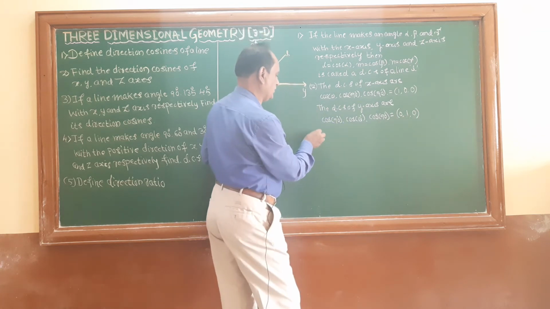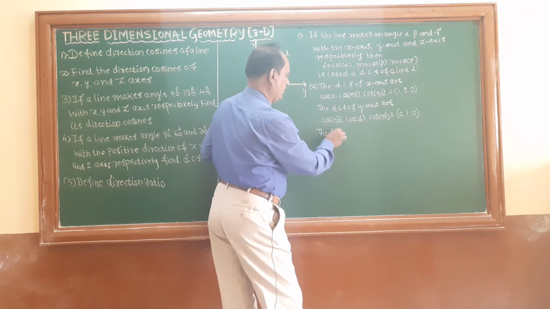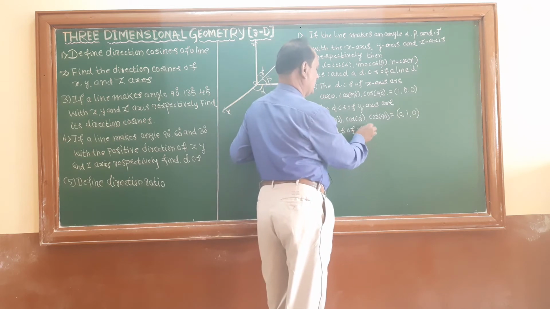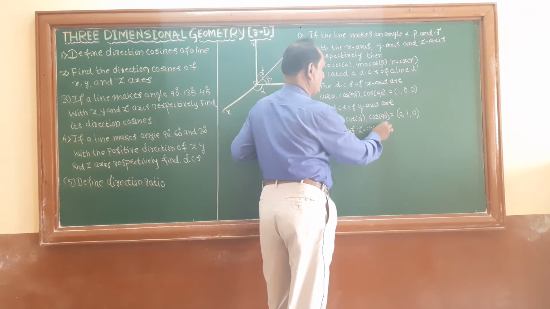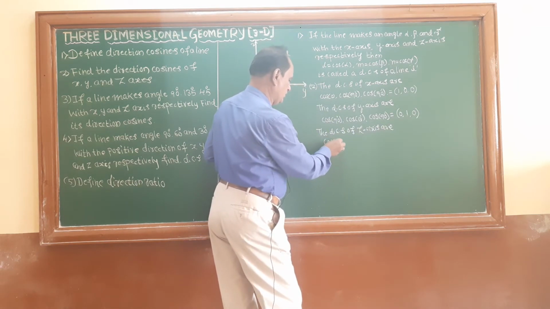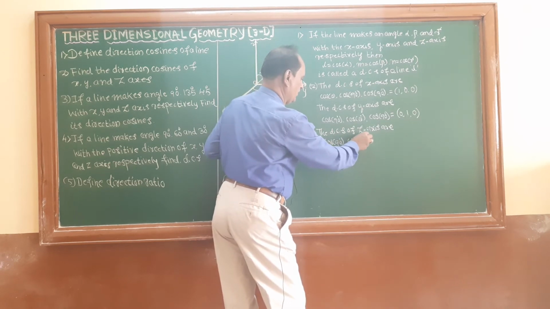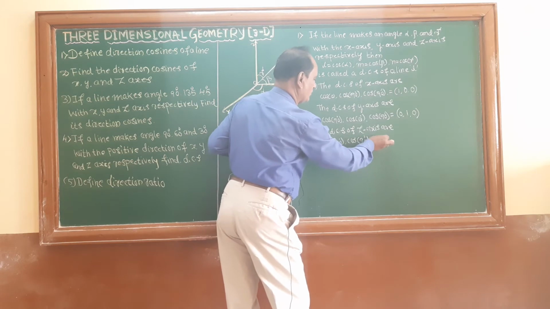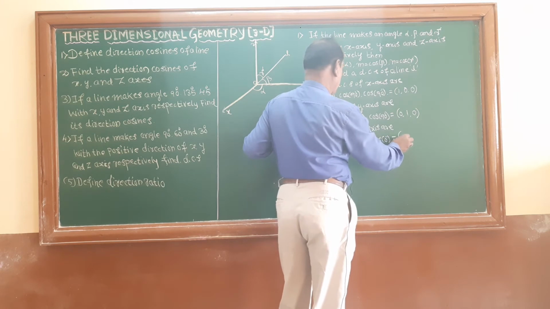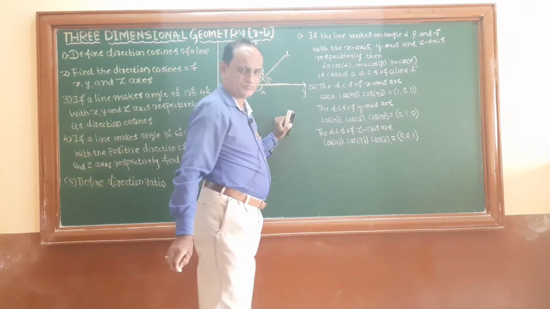Similarly, the direction cosines of the z-axis are cos 90 degrees, cos 90 degrees, and cos 0 degrees. So cos 90 is 0, and the last one is 1.